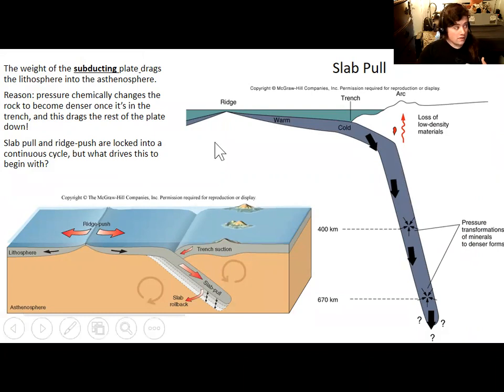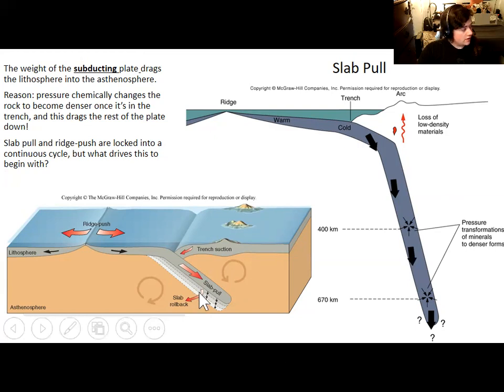And when the plate is deeper in the trench, when you have the transformations happening and making the minerals into different denser minerals, that actually pulls the part of the plate that's behind it down with it. So not only is it being pushed out at the ridge, but it's also actually being pulled down by the force of the increased density of the plate at the subduction zone itself.